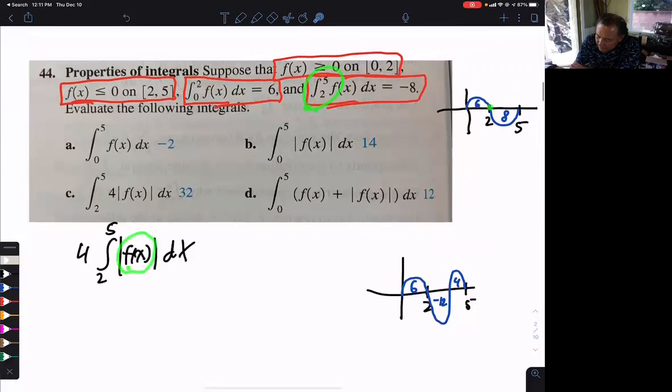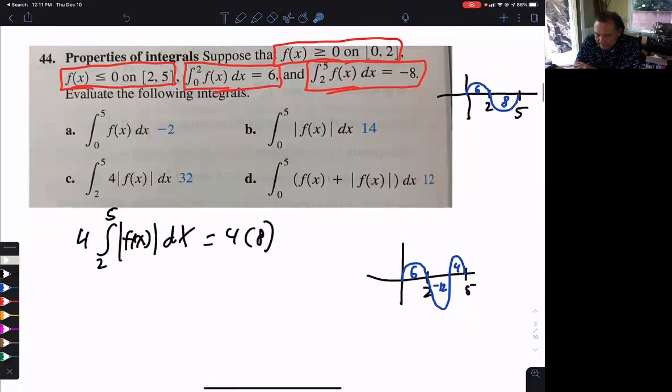So 2 to 5 is going to get flipped up here on the absolute value, so that integral is going to be positive 8. So this is going to be 4 times positive 8, even though the original was negative 8. Because with the absolute value, conceptually, you know that the function is now above the x-axis, making it positive 8. So the answer is 32.